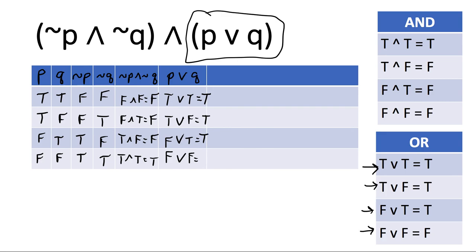And F or F is false. So now we've completed the right side of the compound statement. So I have the left side done and the right side done. The only thing left is to put the two sides together into one statement. So I'm going to write here the entire statement.